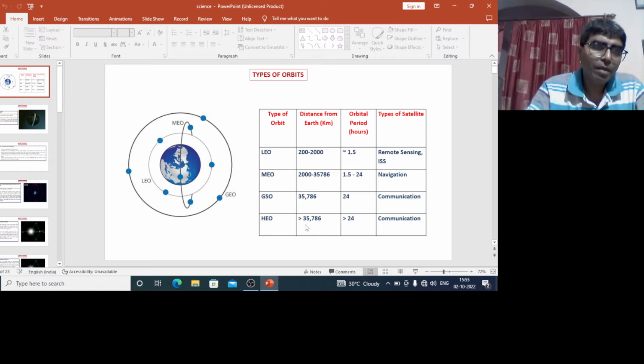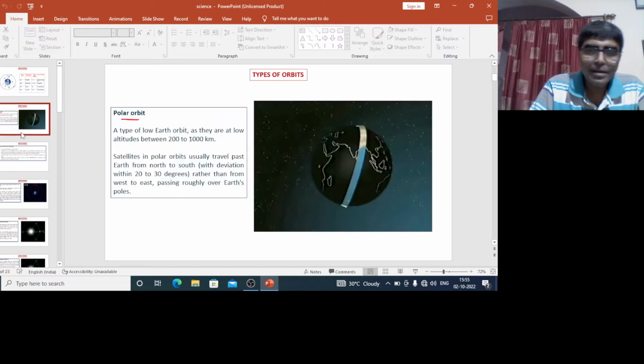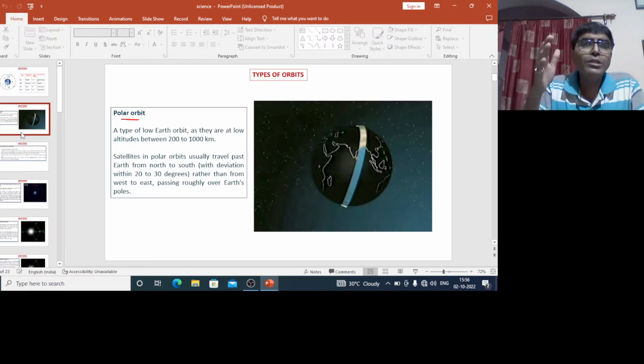Now, when we go to our next slide, here we are talking about the polar orbit. I have also shown that picture, and in this picture, as you know, you can see how much altitude it will have and how it will be moving from north to south.